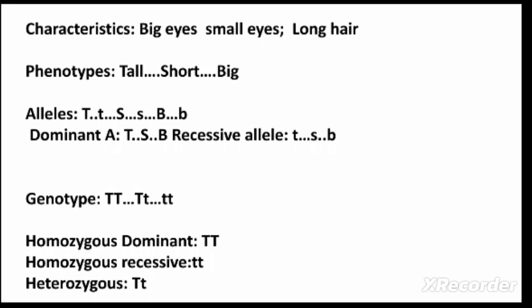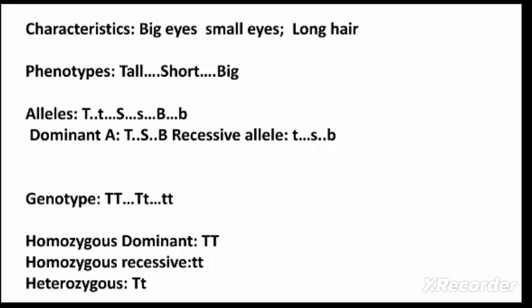So we have what we call a genotype. A genotype is combining two alleles together. We can have capital letter T and capital letter T, or small letter t and small letter t. So two alleles combined together are called a genotype. Now we have a genotype in homozygous dominant condition. Homozygous means the same, dominant means capital letter.